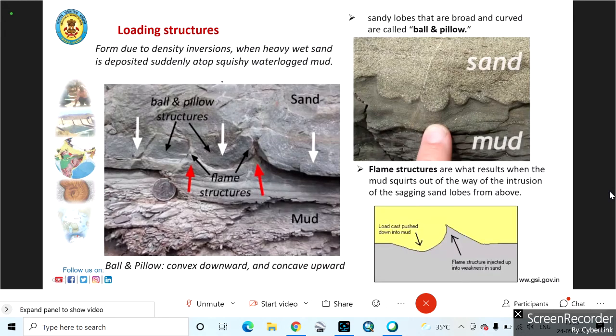Similarly, sometimes it so happens that sediments of different grain sizes, like mud and sand, are deposited one after another.